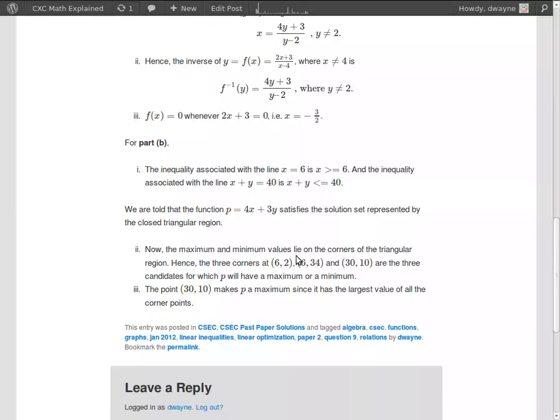Right, so the points are (6, 2), (6, 34), and (30, 10). So let's just draw up a table.